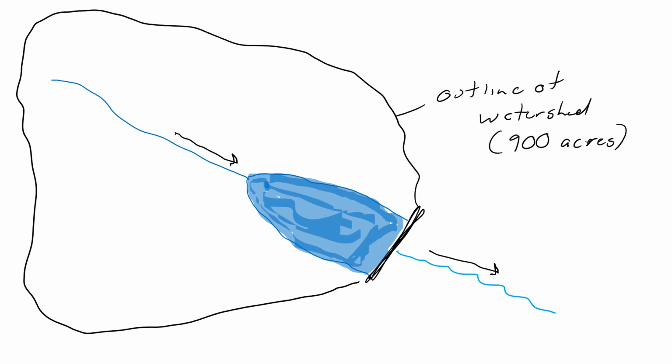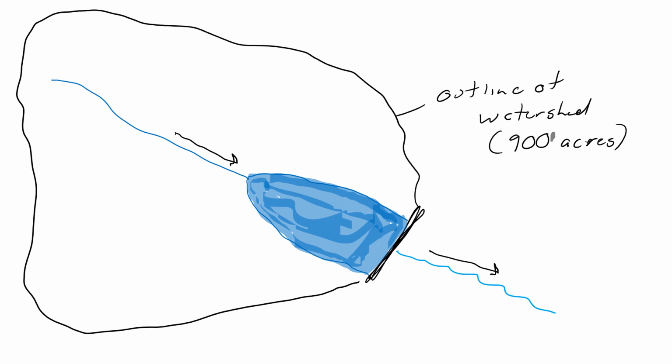No groundwater coming in or out. So after 180 days, 18 inches of rain are going to fall in the watershed. 90% is going to end up in the lake. You're going to get some evaporation.